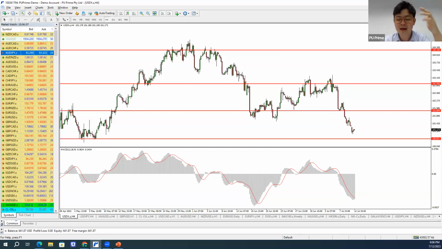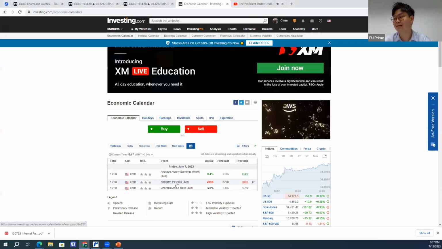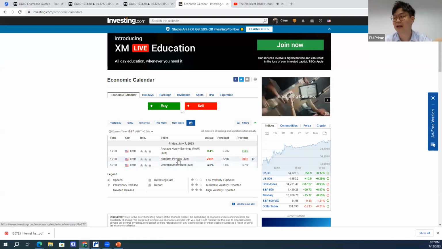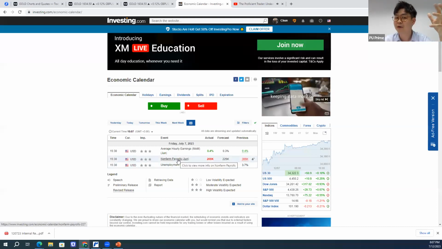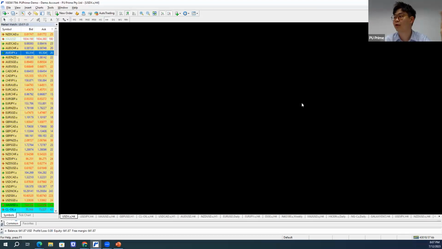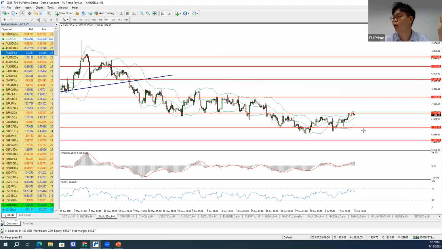The non-farm payroll is a very important data for new traders, and for all traders, to focus on. After the non-farm payroll release, you can notice the negative reading and the dollar dropping aggressively, and this is the time when gold slowly moved up. This is one of the proofs that economics data are very important.